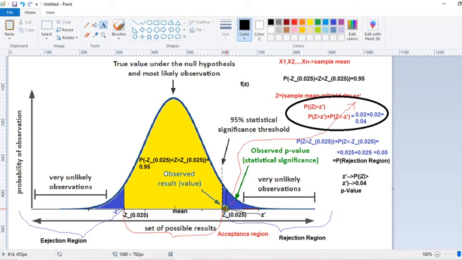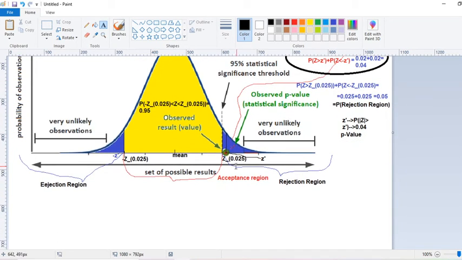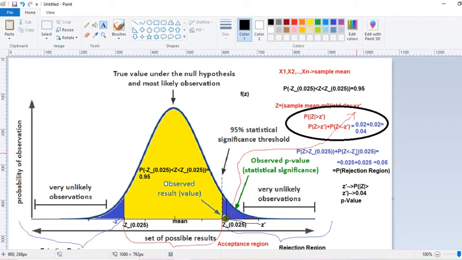If z dash is in the rejection region, in any part of this region, then the probability of mod z greater than z dash would be less than 0.05. In this case it is obtained as 0.04.